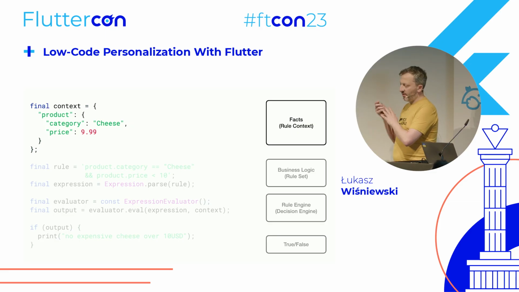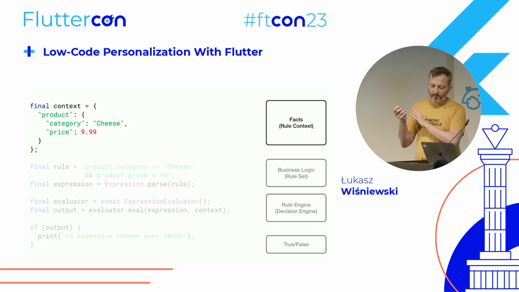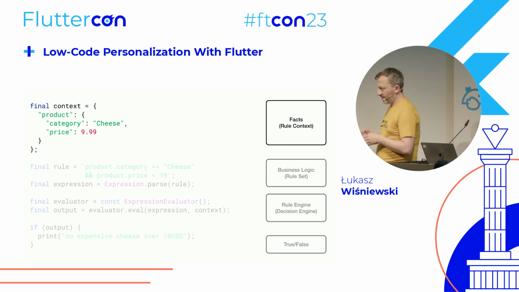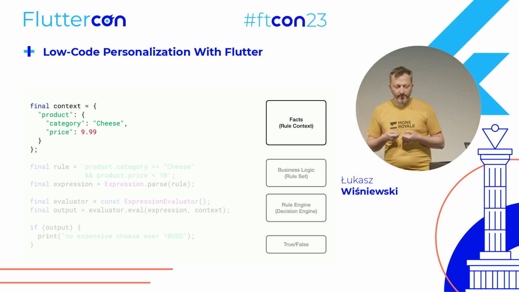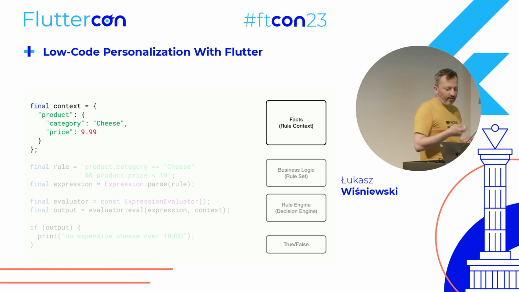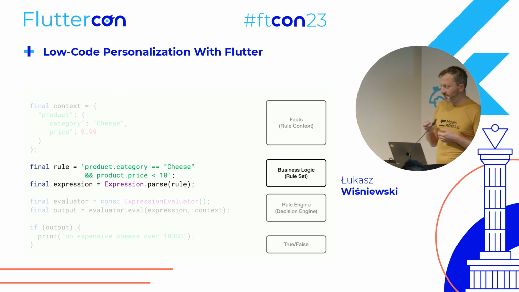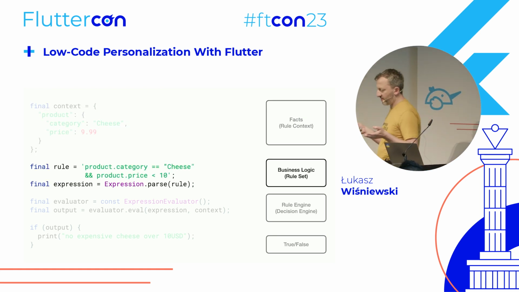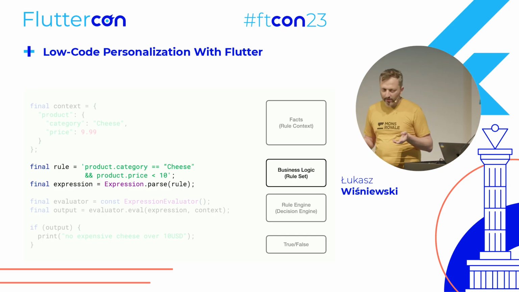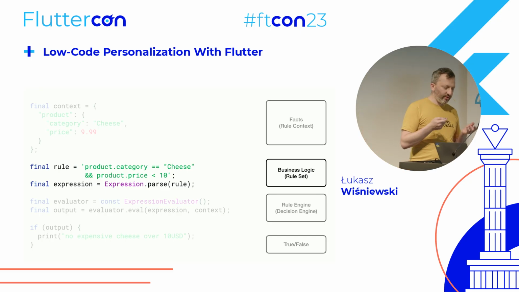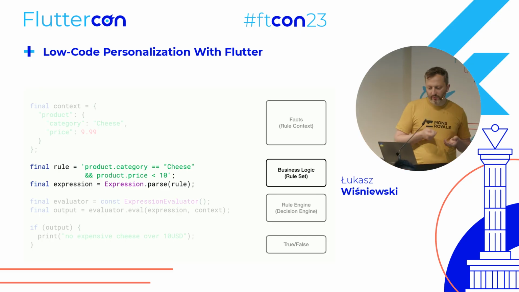Then we just adapt the example of the package to this pattern. Our context, so our facts, is a simple map with information. And our business logic is a plain text expression. So we have our two inputs for the rule engine. We pass them along.